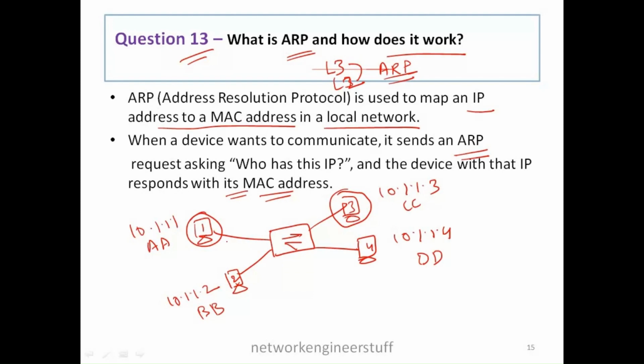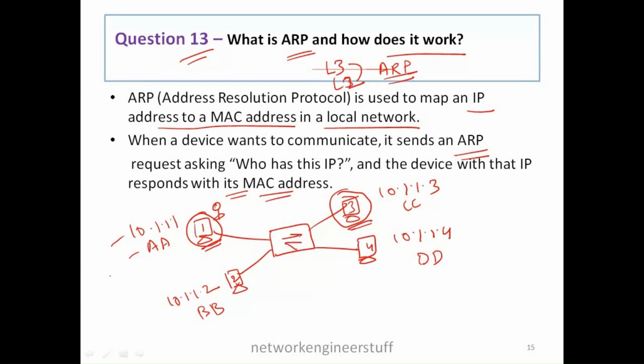If you want to send a courier, you need the postal address. In the same way, when PC1 wants to send something to PC3, it requires the layer 2 and layer 3 addresses.